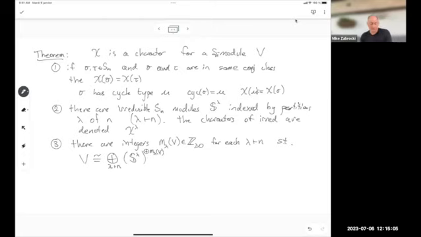That is, every Sn module is isomorphic to a direct sum of irreducible Sn modules. And this is true if and only if the character is equal to the same sum of the irreducible characters.